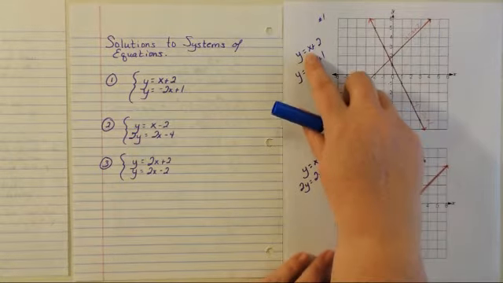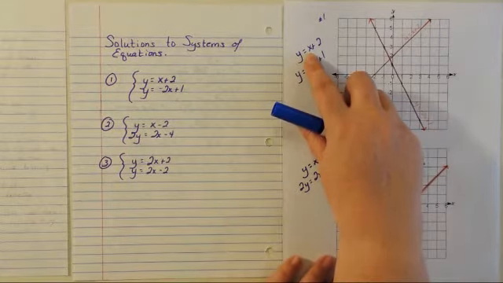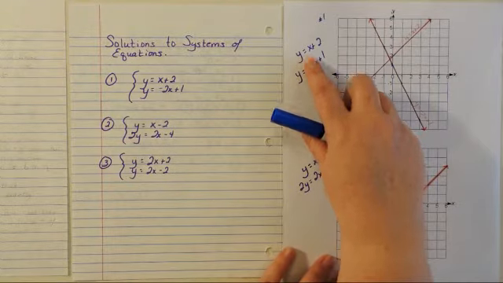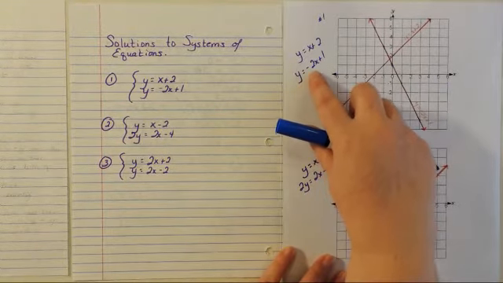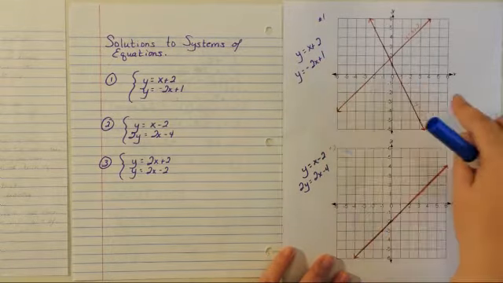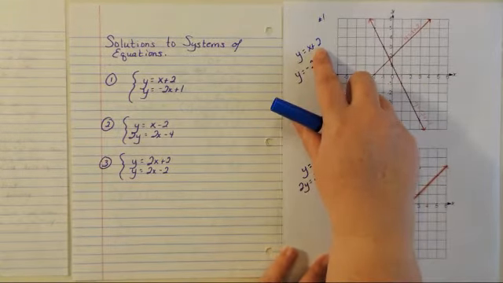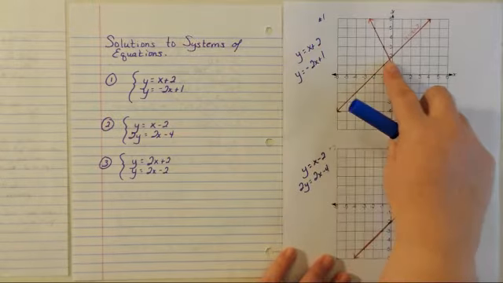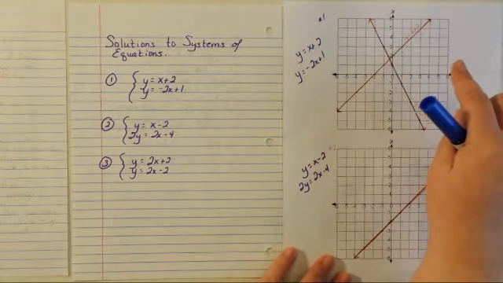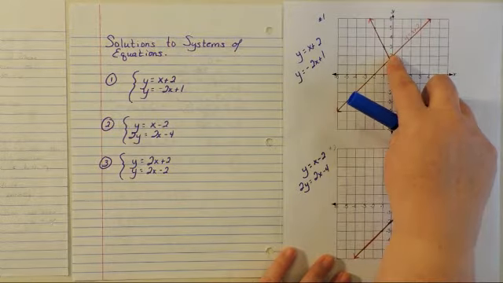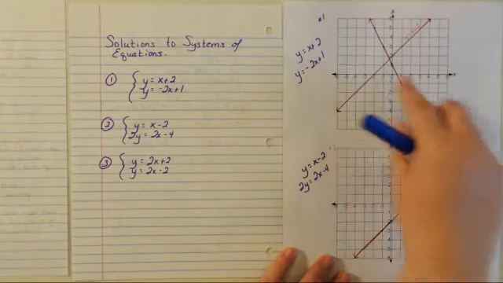We see the slope of y equals x plus 2 is 1. The slope of y equals negative 2x plus 1 is negative 2. The y-intercept of this equation is 2, right there. And the y-intercept of this equation is 1.